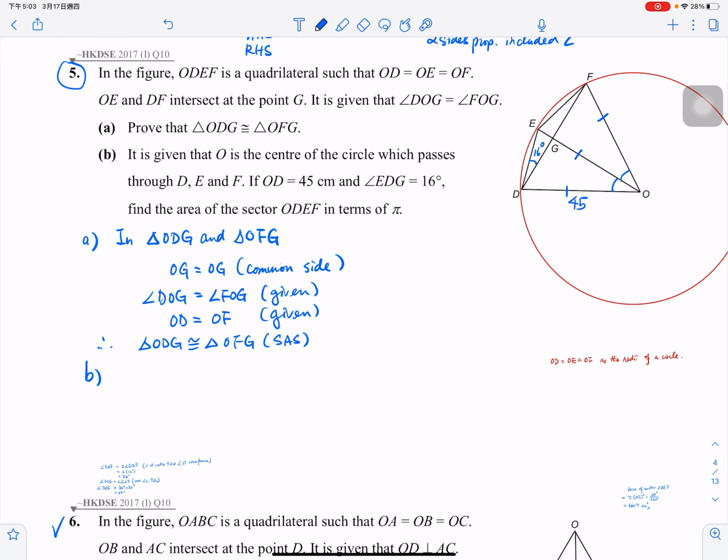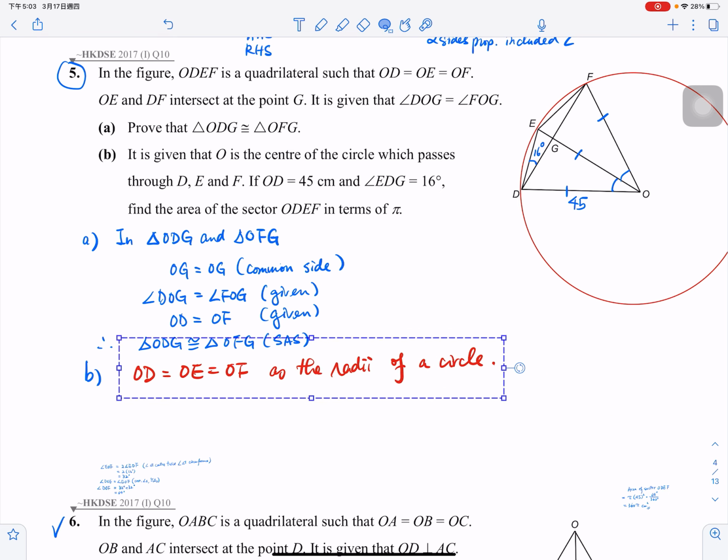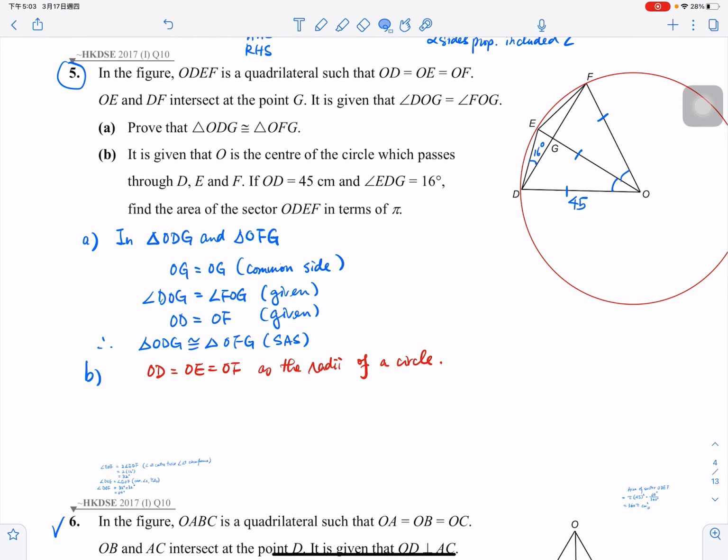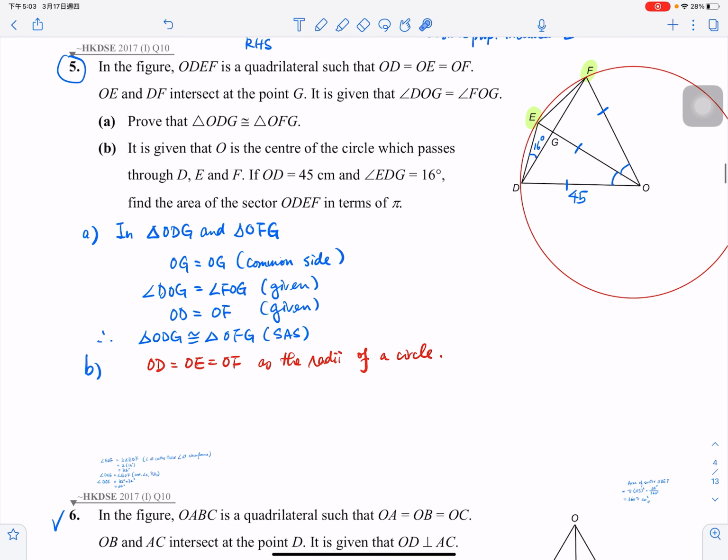If O is the center, that means OD, OE, OF are radii of the circle. Then can you see that here comes from two points on the circumference, E and F. So EDF and EOF. Can you see that this is the angle at circumference and this is the angle at center, right?